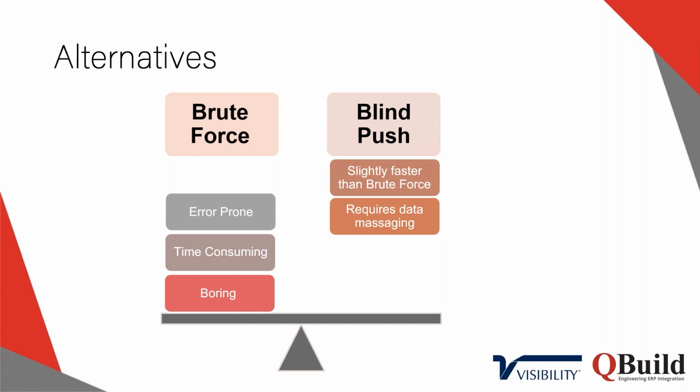Since it's a blind push, meaning that you don't get the chance to validate that data prior to inputting into visibility, you're relying on your data from the engineering system to be 100% accurate. In an ideal world, all our data would be 100% accurate, but in reality, and we come across this a lot working with manufacturers and engineers, the data isn't always as accurate as we'd like it to be.